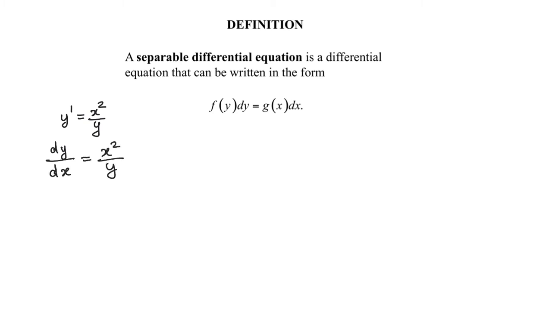Then if you cross multiply, you will get y dy equals x square dx. Cross multiplying means you are multiplying these two and multiplying these two. Now you can see you have y on one side and x's on the other side. Now you can actually integrate both sides and work from there.